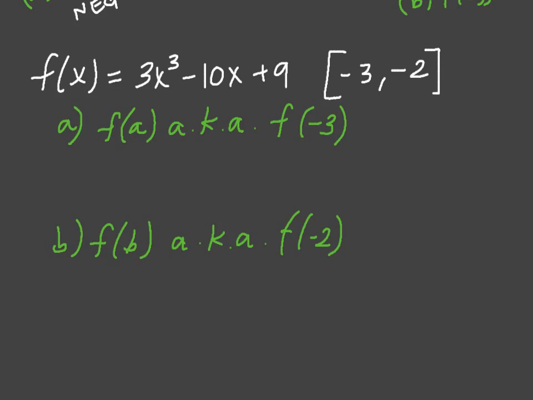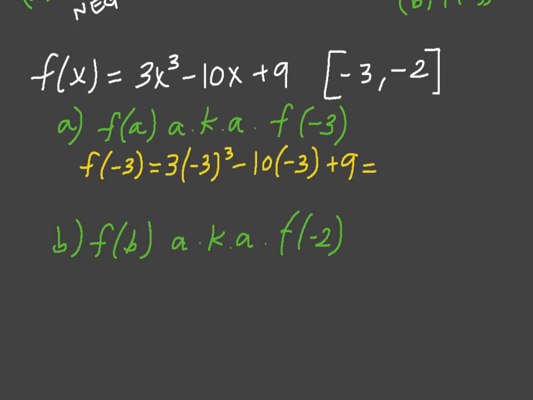So f of negative 3, you have two options. You can either use synthetic substitution or direct substitution here. I just did direct substitution. We'll give you a little bit of practice with direct substitution since you've gotten a lot of practice with synthetic, but if you want to do synthetic, you can do that too. So you have to keep in mind order of operations here.